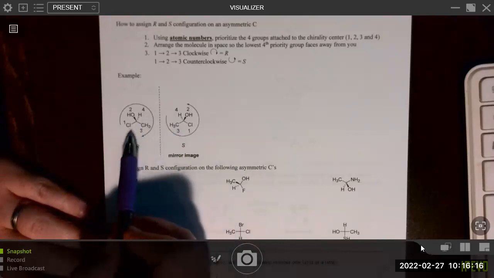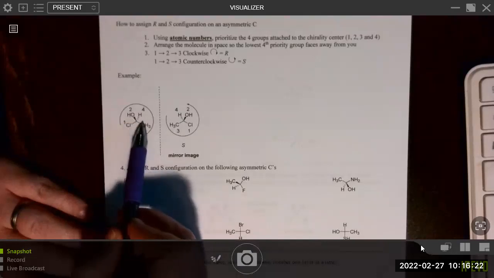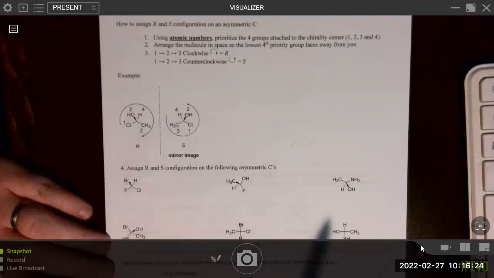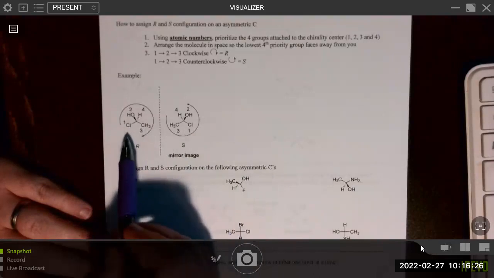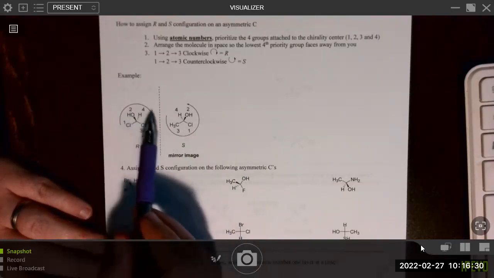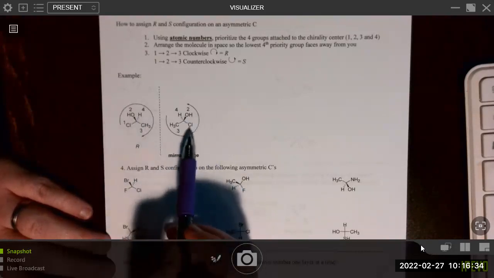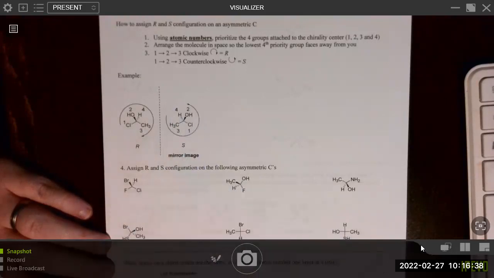And the groups have been assigned by atomic number. Chlorine has the highest atomic number, followed by oxygen, followed by carbon, and followed by hydrogen. In this case, because 4 is pointed back, we can just do a 1 to 2 to 3 rotation. Clockwise is R. And 1 to 2 to 3 in this direction would be counterclockwise and S.